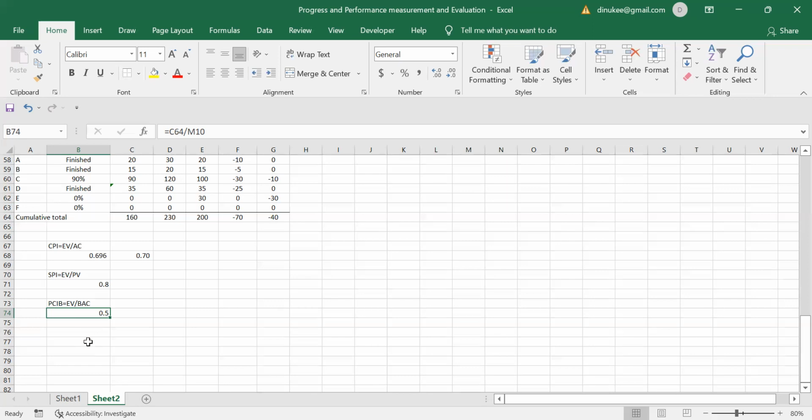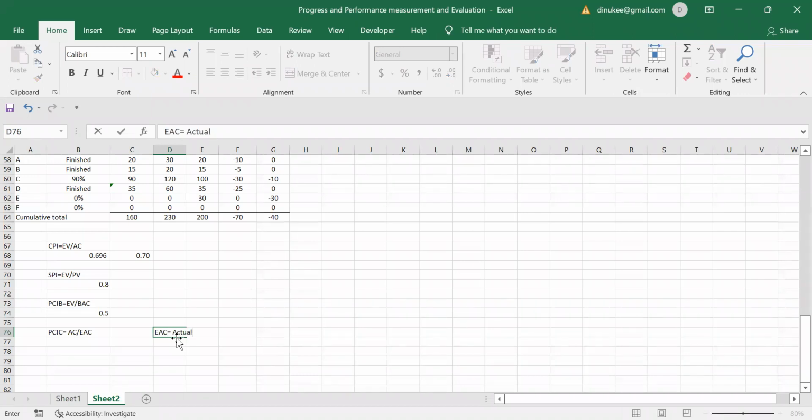So the next one is PCIC. The PCIC can be calculated by getting AC, actual cost, divided by EAC, right? So we know the actual cost, but we do not know the EAC. EAC has to be calculated by getting what?